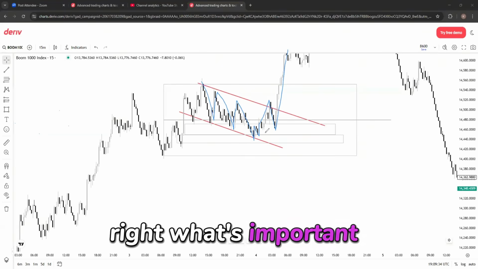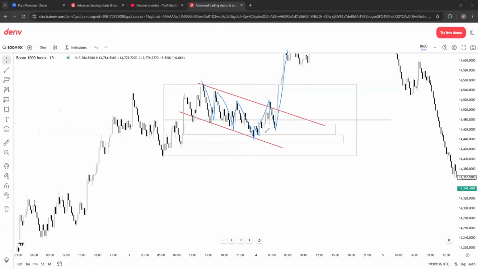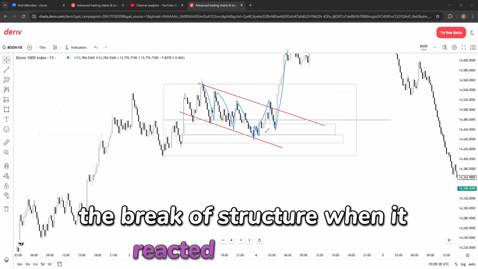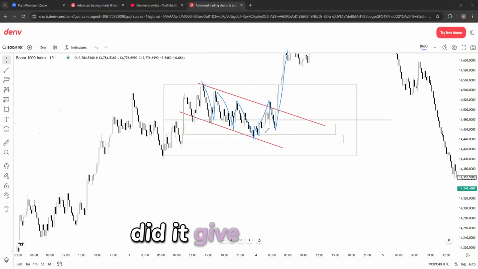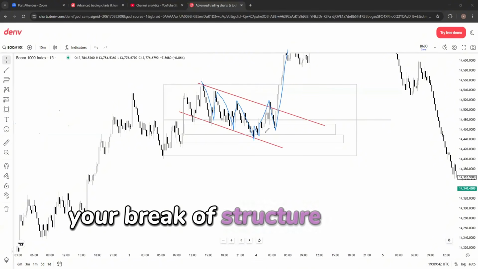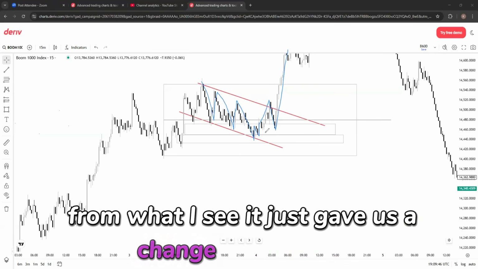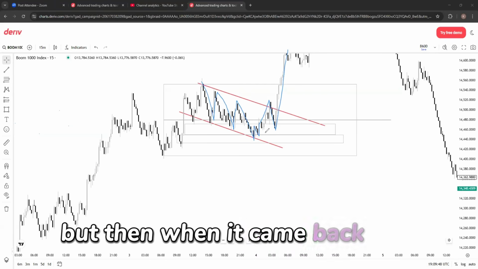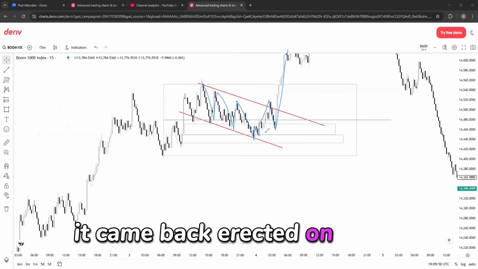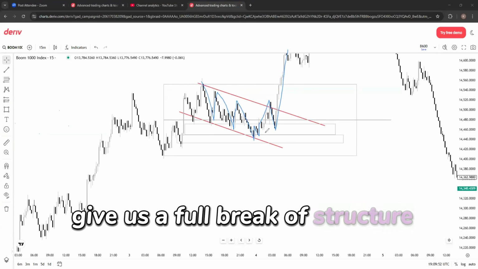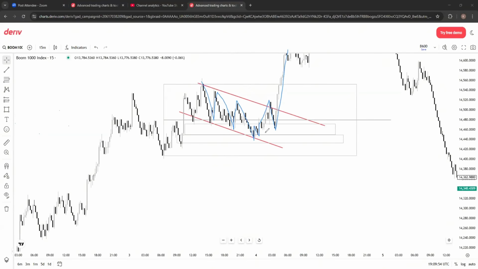Right, what's important is the break of structure. When it reacted on your FVG, did it give you your break of structure or just a change of character? From what I see, it just gave us a change of character. But then when it came back again, it reacted on our OB, gave us a full break of structure, and then it went up.